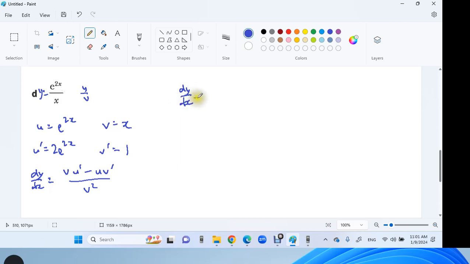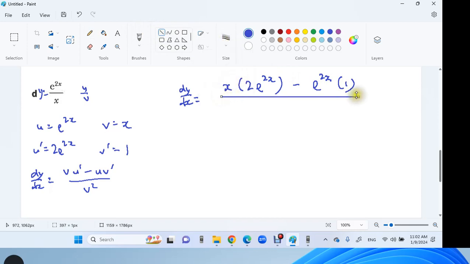Here we copy the denominator and differentiate the numerator, minus, we copy the top and differentiate the bottom, and then the one below, squared. So we have x squared here. We have e to the power of 2x, we factorize, 2x minus 1, over x squared. This one is the answer.